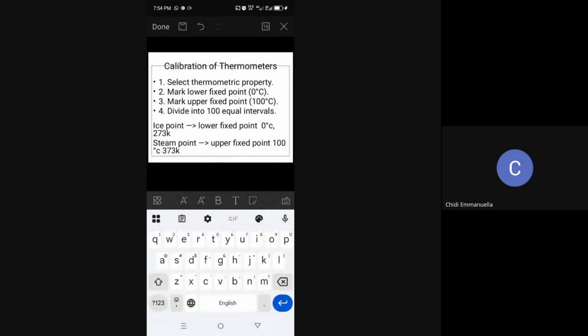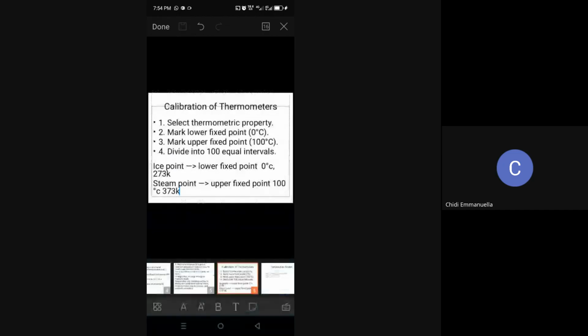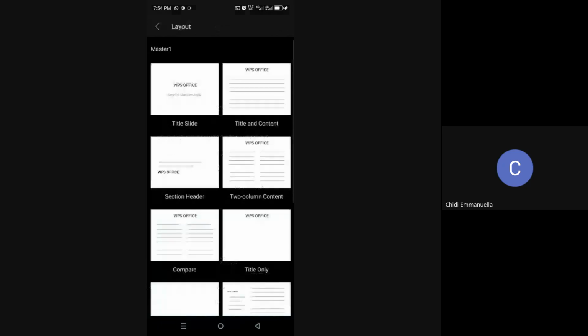Who doesn't know how I got those Kelvin values? Is there anybody who doesn't know how I got the Kelvin values? There's a relationship between degrees Celsius and Kelvin. The relationship is that you add 273 to Celsius to get Kelvin. Let me not assume that we all know it.